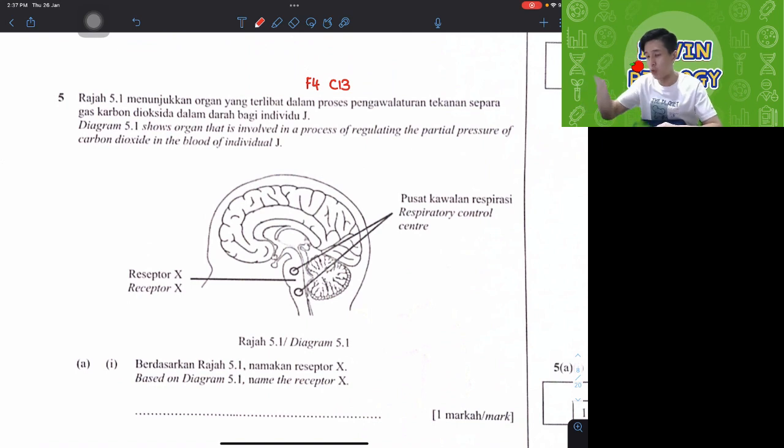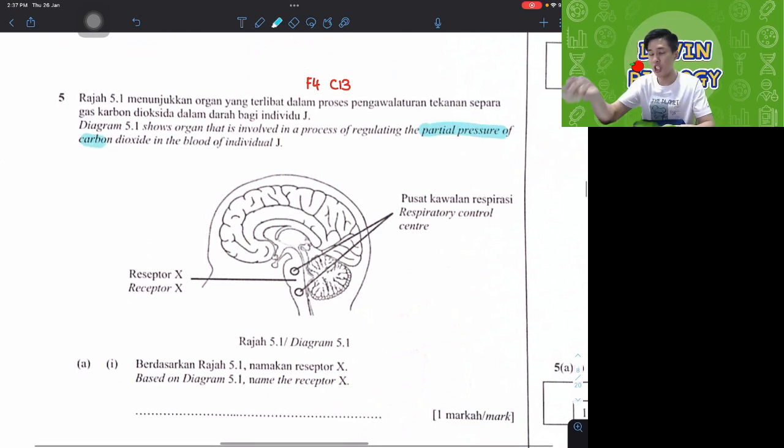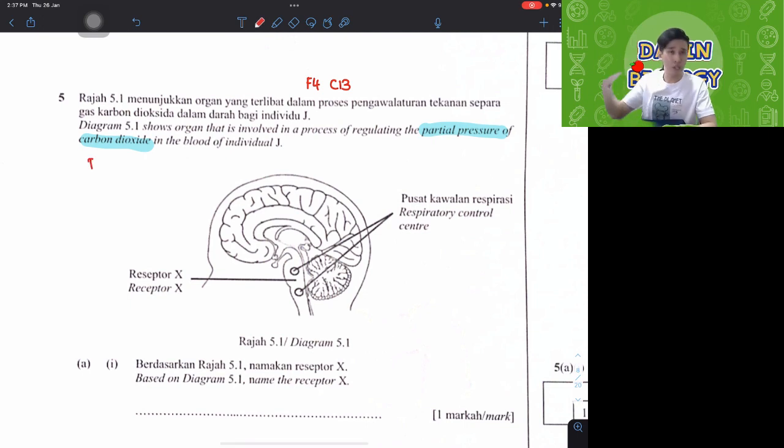This one is regulation of partial pressure of carbon dioxide, which also means regulation of blood pH. Because when you have too much carbon dioxide in your body, typically during vigorous activity, because cellular respiration increases, you produce more carbon dioxide. Carbon dioxide combines with water to form something called carbonic acid.